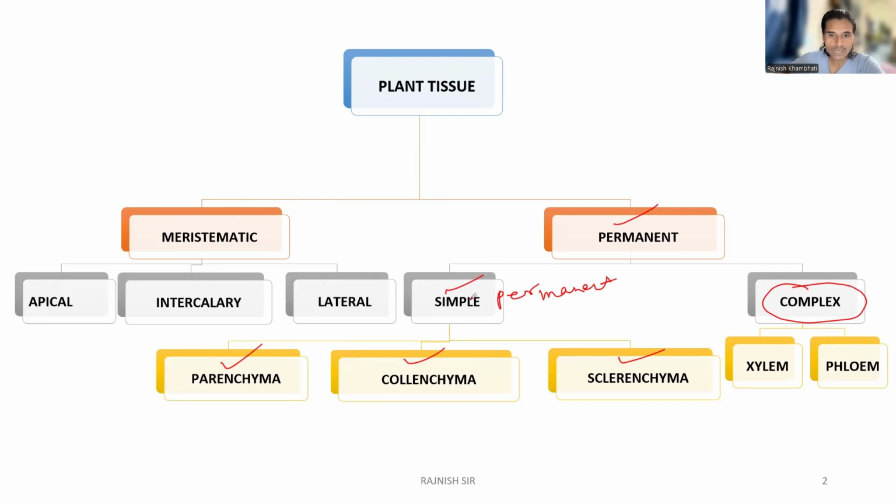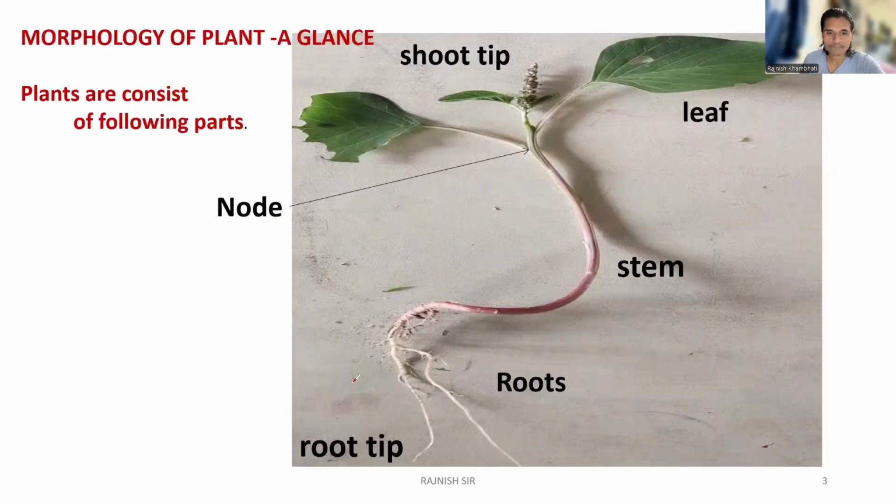These three tissues are called simple permanent tissue, whereas the complex tissues are only two: xylem and phloem. This is all for the plant tissue. We don't have to learn more about this.